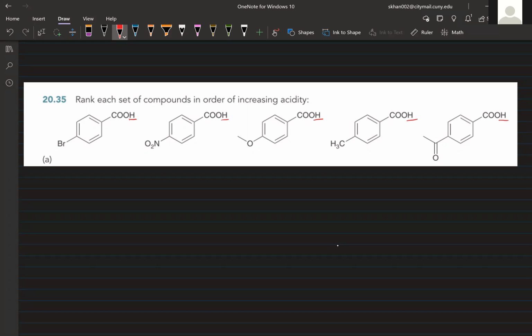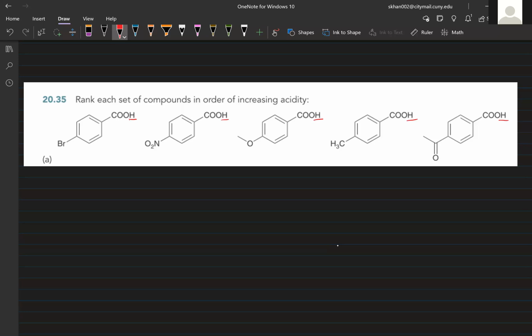More stable, right. And as Ali said, when you have these aryl rings or aromatic carboxylic acids, it's all about electron withdrawing and electron donating groups. Electron withdrawing groups make it more acidic because they stabilize the base better. Electron donating groups are the opposite because they add electron density, which makes the base more unstable.